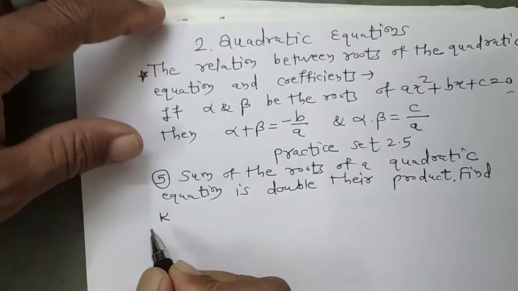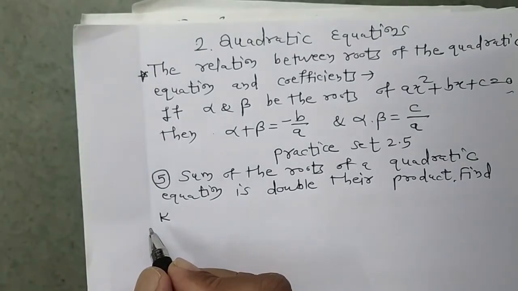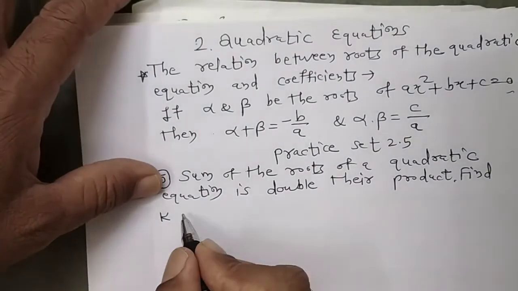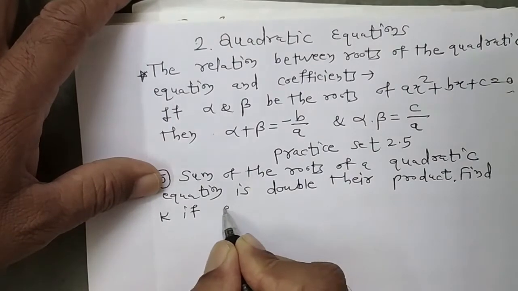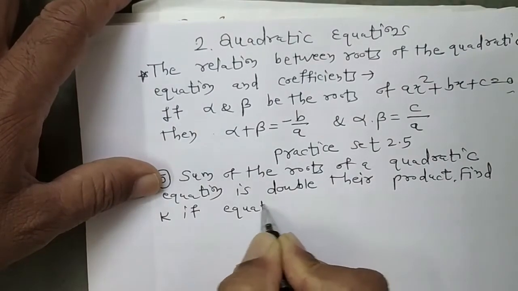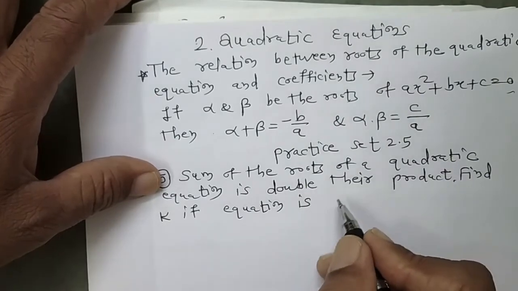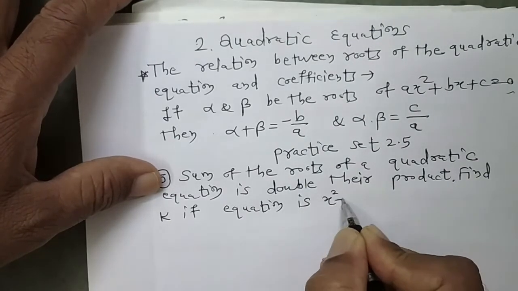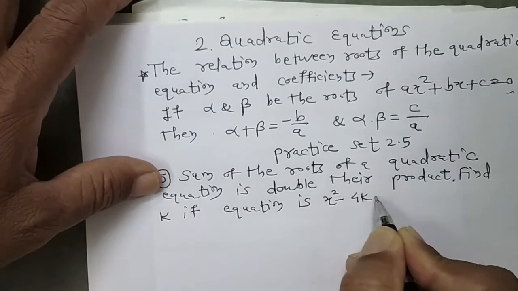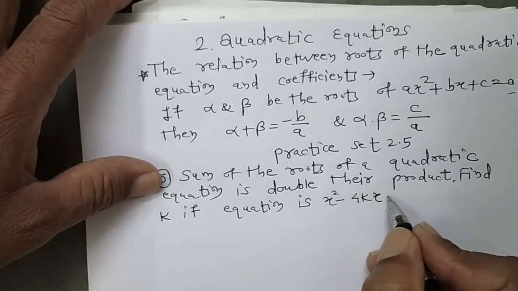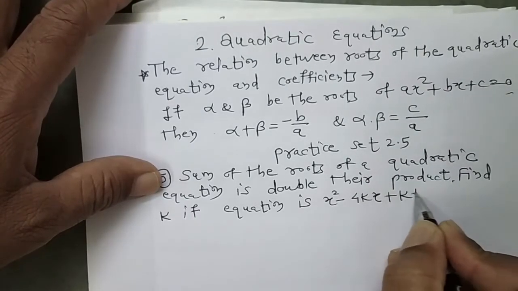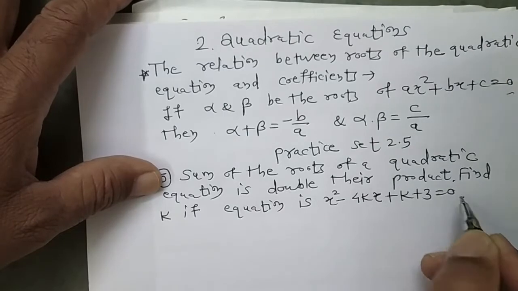Find k if the equation is x square minus 4kx plus k plus 3 is equal to 0.